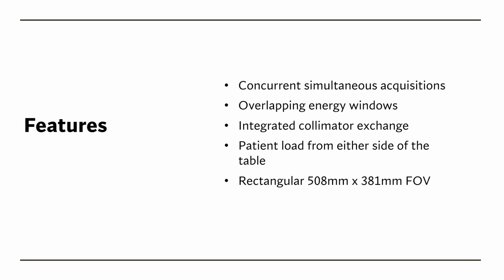Future: first concurrent simultaneous acquisition, overlapping energy window, integrated commutator exchange, patient load from either side of the table, rectangular 508 mm by 381 mm. I hope that you have benefited from the devices we talked about in terms of specification and future. Thank you for listening.